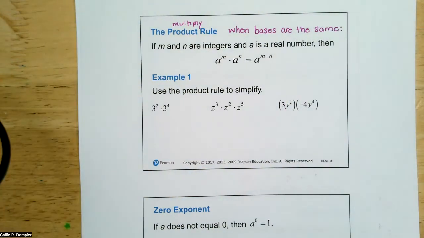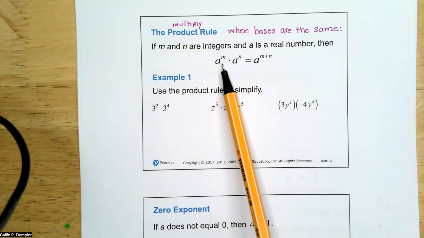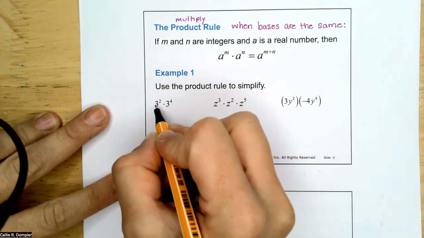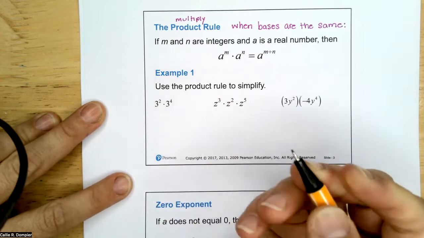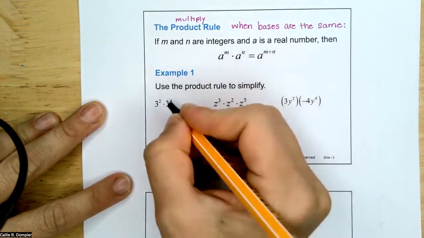The same base, a raised to any power multiplied by that same a raised to any other power, you can keep the base the same and add the exponents, okay? So here we have 3 squared times 3 to the 4th. We have the same base, so a is 3, m is 2, n is 4.